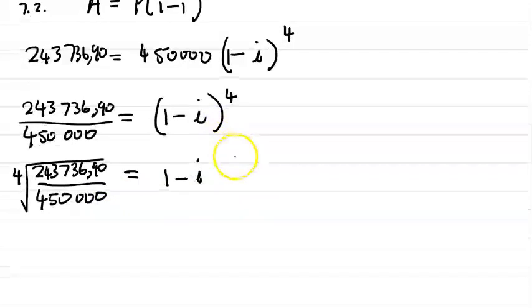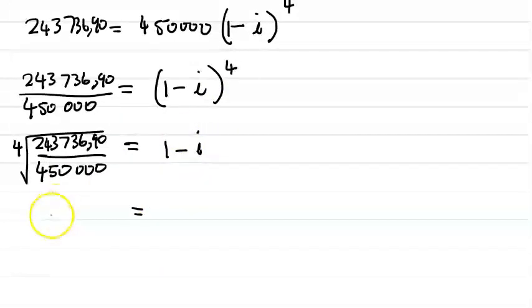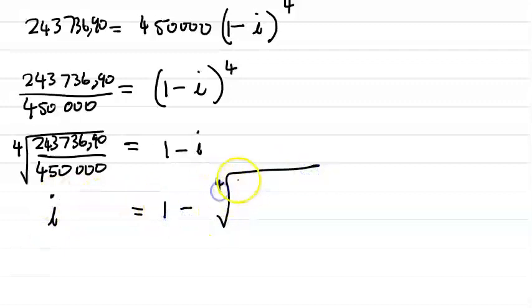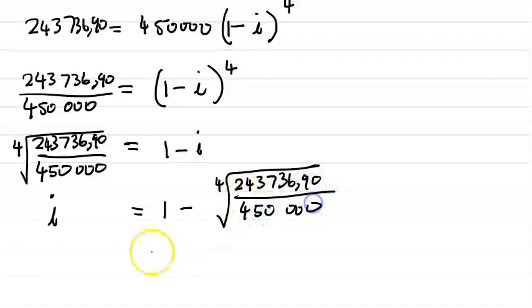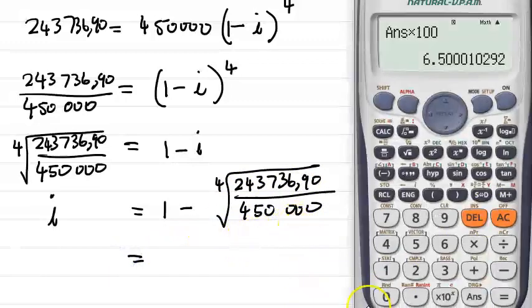So now let's make i the subject of my equation. If I move i to the left hand side, it becomes positive. i equals 1 minus the fourth root of 243,736 rands and 90 cents all over 450,000 rands.